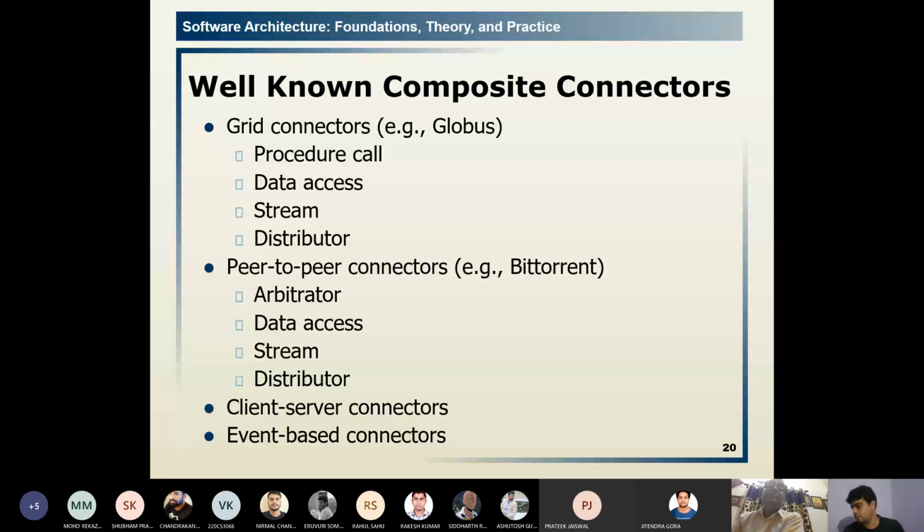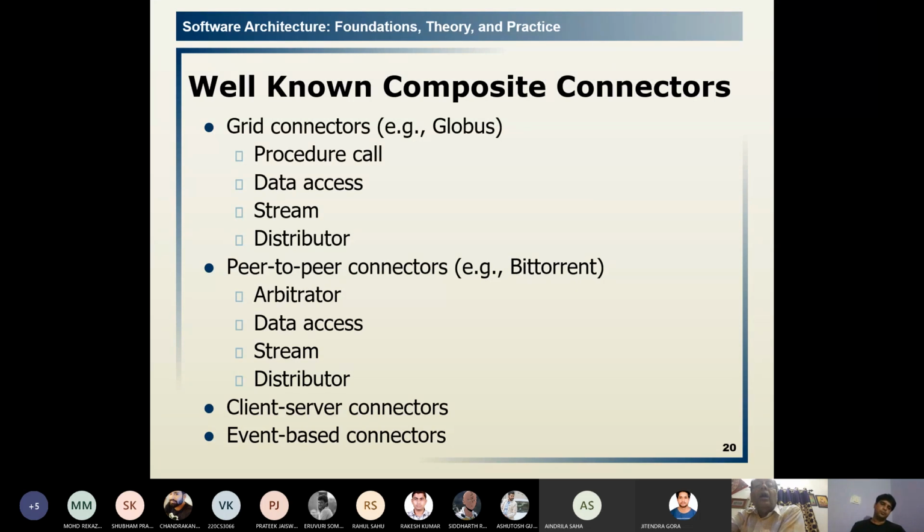Andrila, have you heard anything about BitTorrent? Sir, torrent I know. BitTorrent I'm not sure. It's a very common software. Okay, you read properly and present.